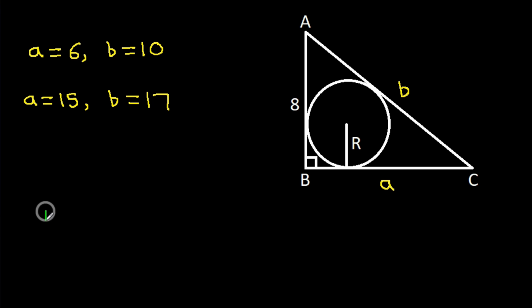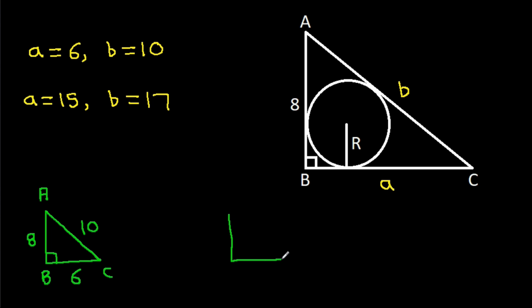So there can be two possible triangles ABC. In the first triangle, AB is 8, BC is a, that is 6, and AC is b, that is 10. And in the second triangle ABC, AB is 8, BC is a, that is 15, and AC is b, that is 17.